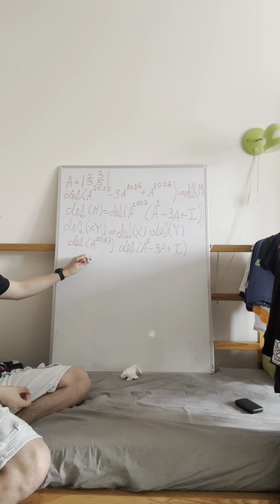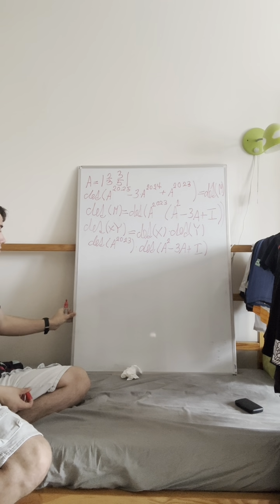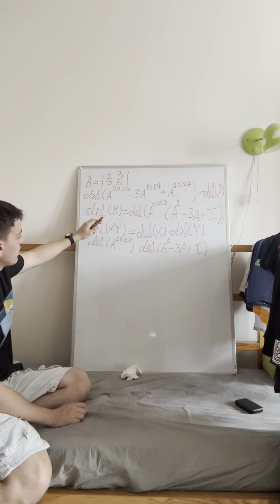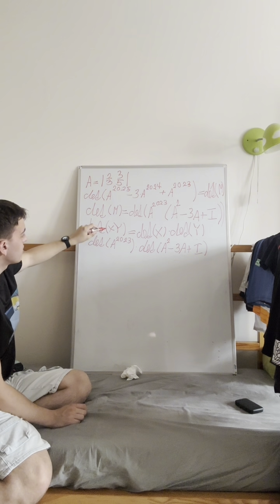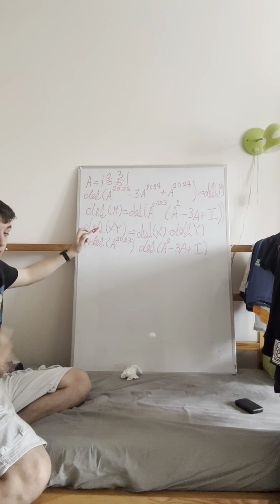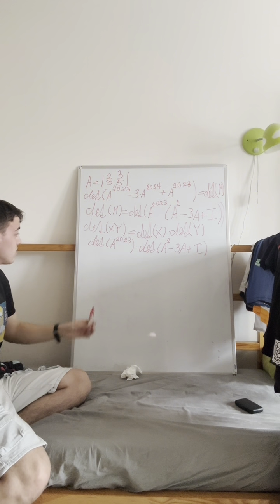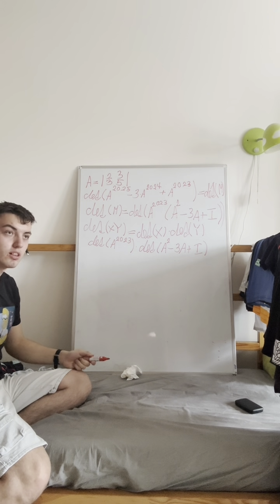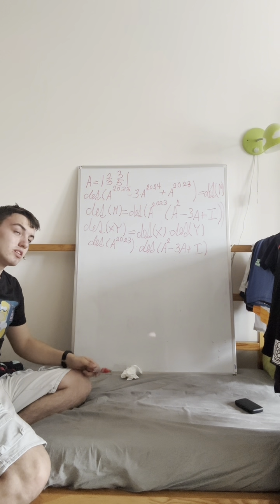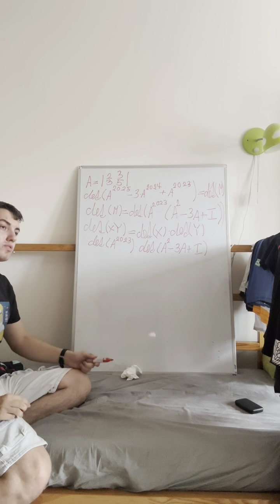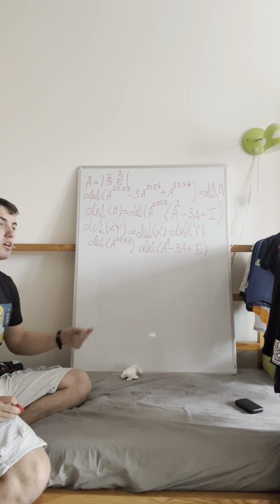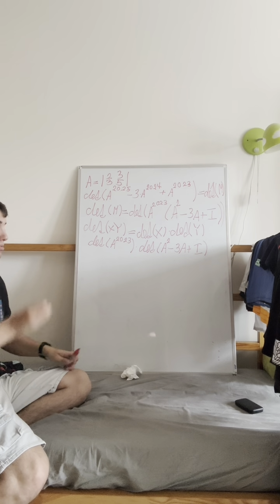We can firstly look at this one, A to the power of 2023. We can apply the same rule, but for the case where we have x to the power of n, it's just going to be the determinant of x, n times. The determinant of a matrix to the power of something is just multiplying the determinants n times.